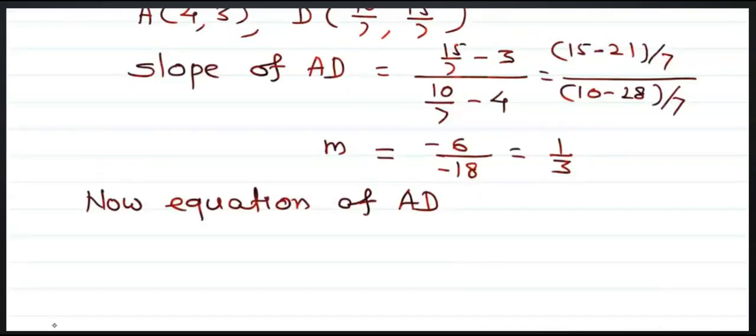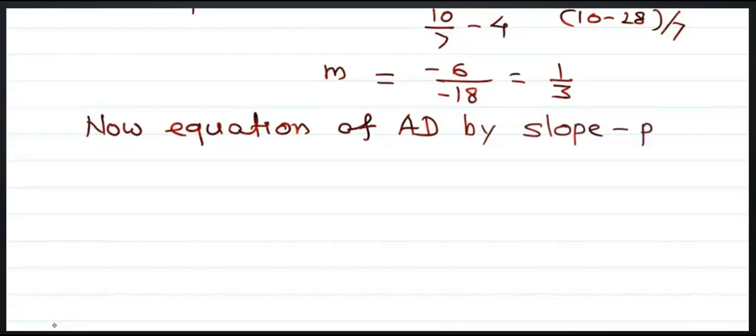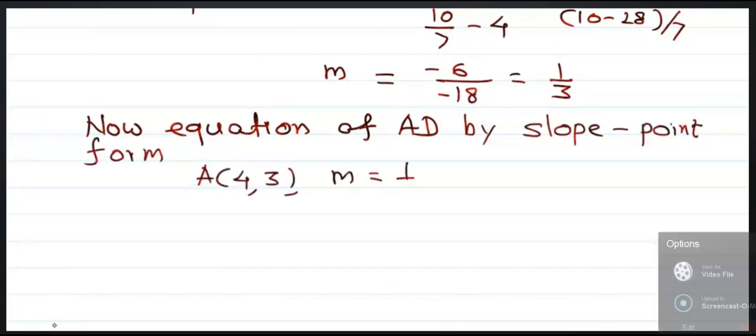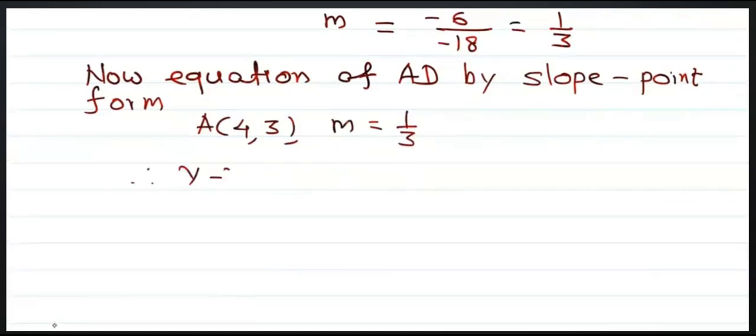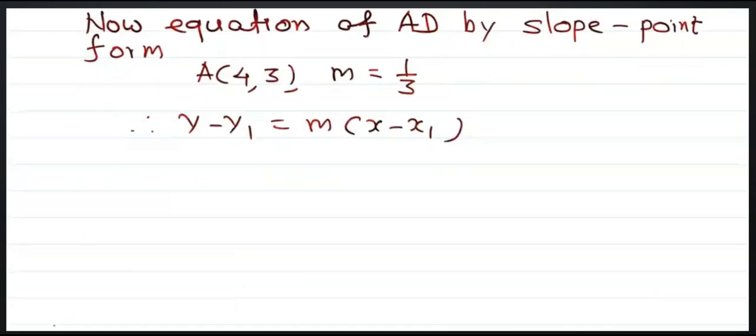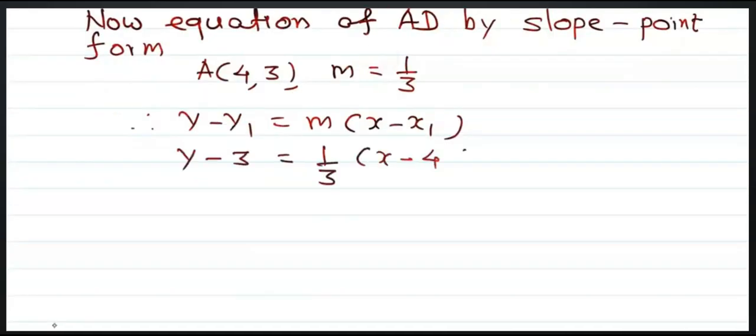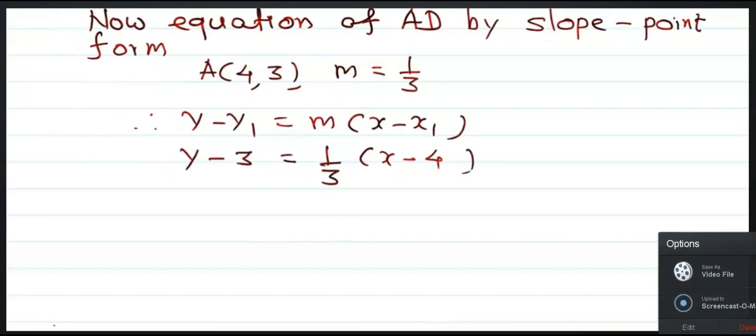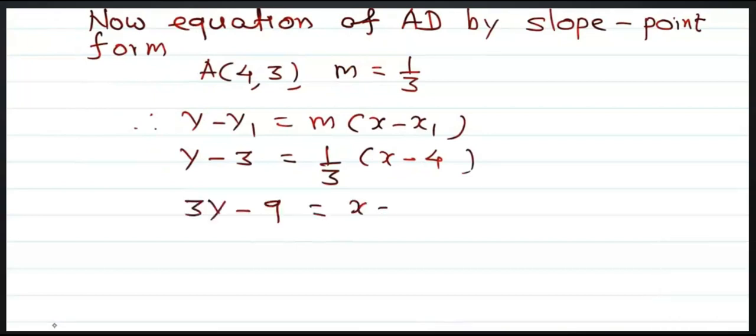Now the equation of AD by slope point form, that is A is (4, 3), m is 1 upon 3, y minus y1 is equal to m (x minus x1). That is y minus 3 is equal to 1 upon 3 (x minus 4).